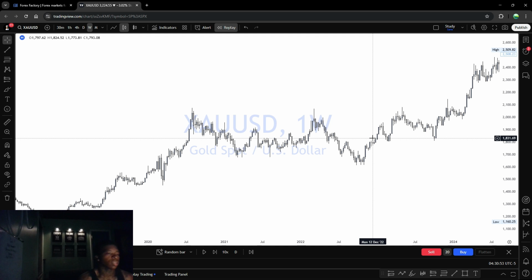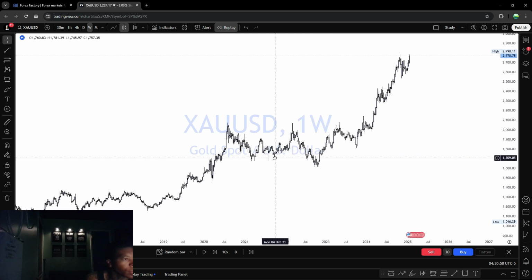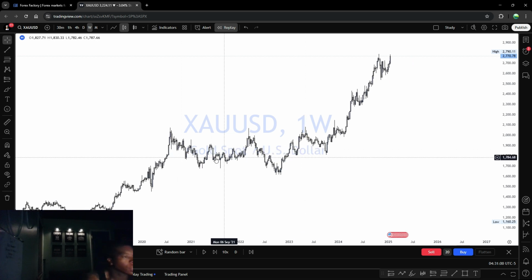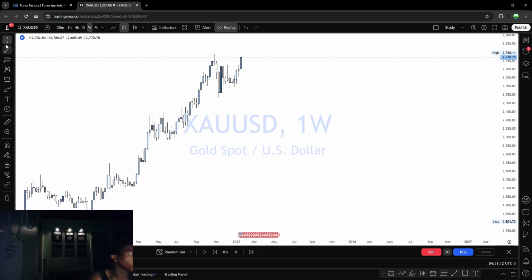Right? Okay. Correction, continuation, correction, continuation, correction, continuation, correction. Kind of looking at perfect structure.